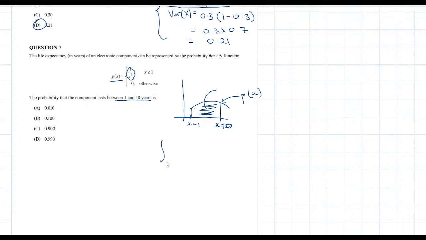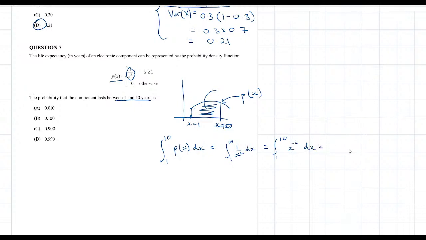So if we integrate from 1 to 10 for p of x dx, that becomes the integral. By the way, this is the non-calculator exam, so that's why we're doing everything by hand. So 1 to 10, and for 1 over x squared, we know from before that we can bring x squared to the top just by changing the sign to a negative.